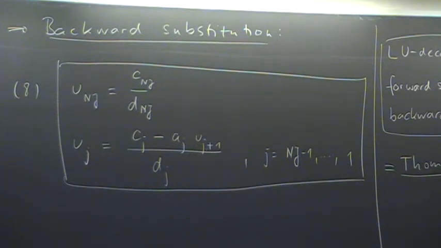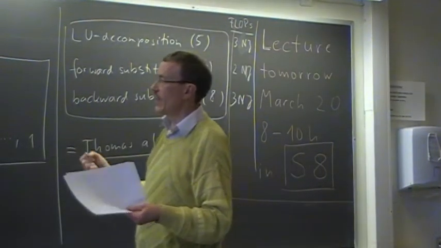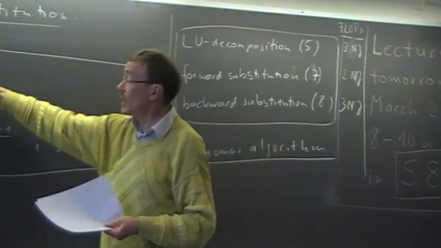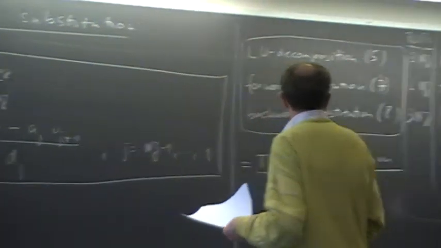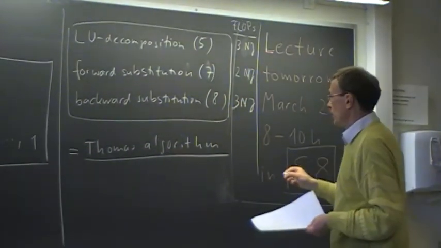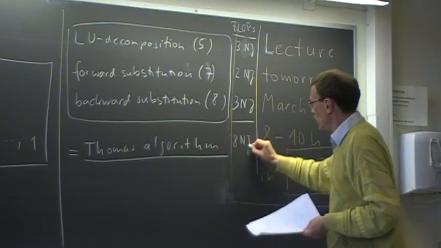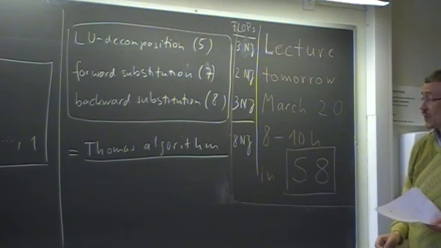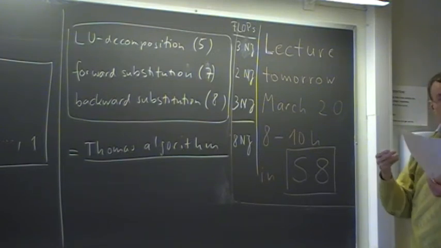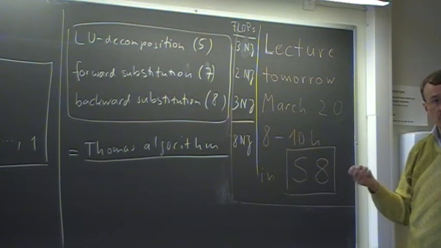So we have also here 3nj. You see again it is not exact, because you would have in fact minus 2, because we have only one operation here, but 3 in general. But we don't bother about that. So in total, the number of operations is 8 times nj. That means the amount of work goes with the number of unknowns times 8.